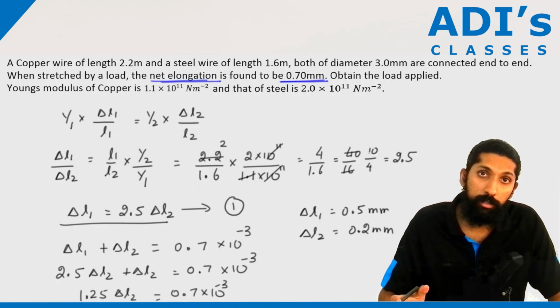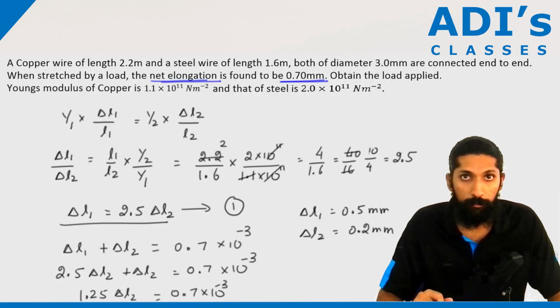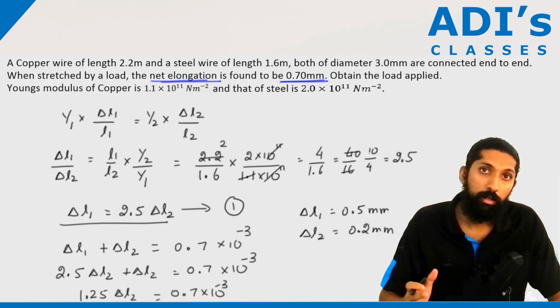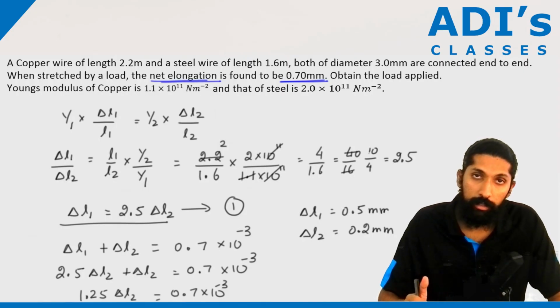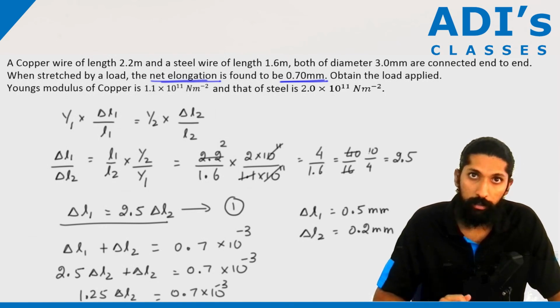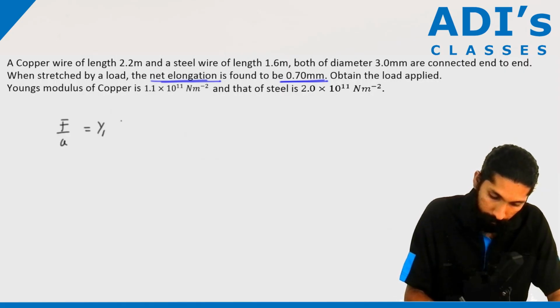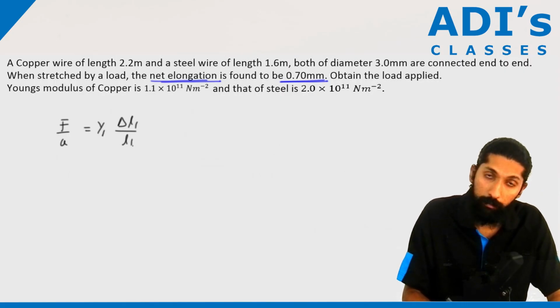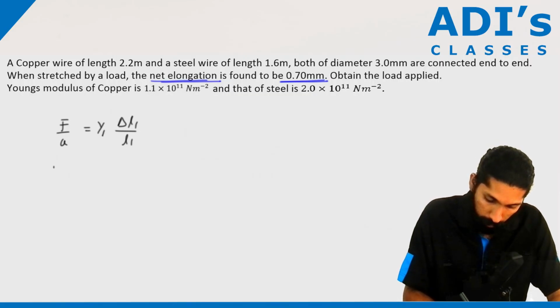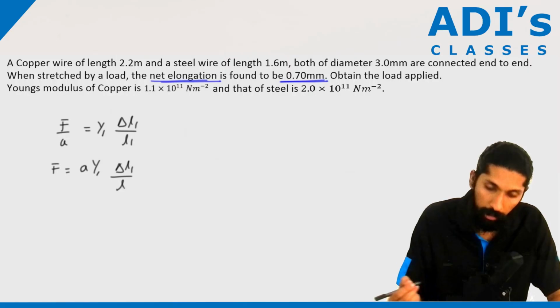Now you can substitute this back in the formula. F by A is equal to y1 into delta L1 by L1. Substitute that there and calculate the value of F. So F by A is equal to y1 into delta L1 by L1, or F is equal to A into y1 delta L1 divided by L1.